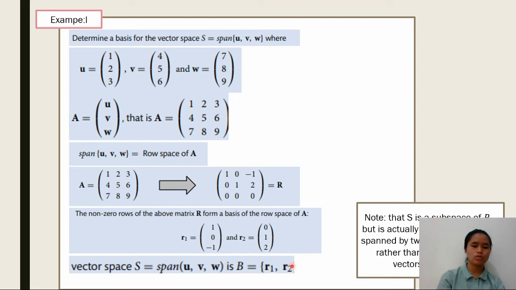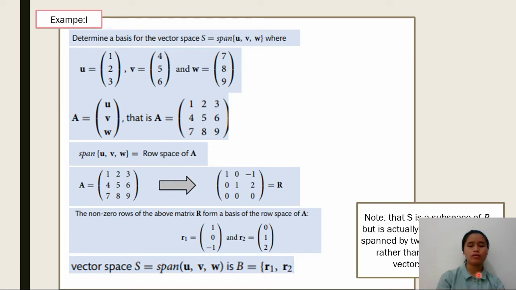So the vector space S equals span of U, V, Y is equal to the span of R1 and R2.